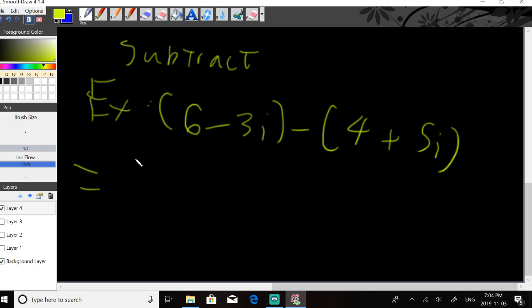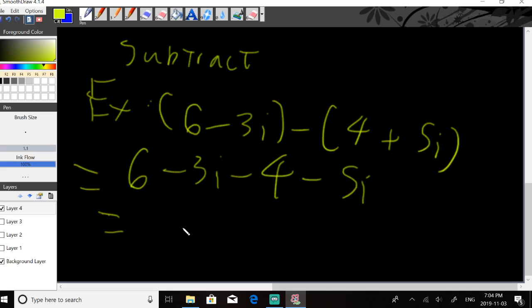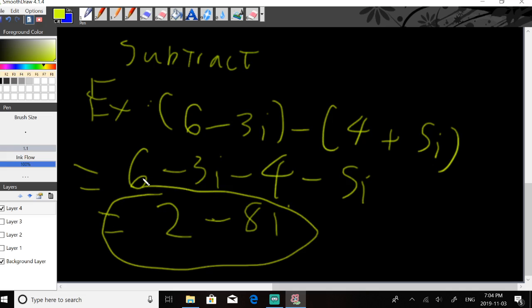You just get rid of the bracket like normal. 6 minus 4 is 2. Negative 3, negative 5, negative 8i. So this is your answer. This is a, always in a and b form. This is b.